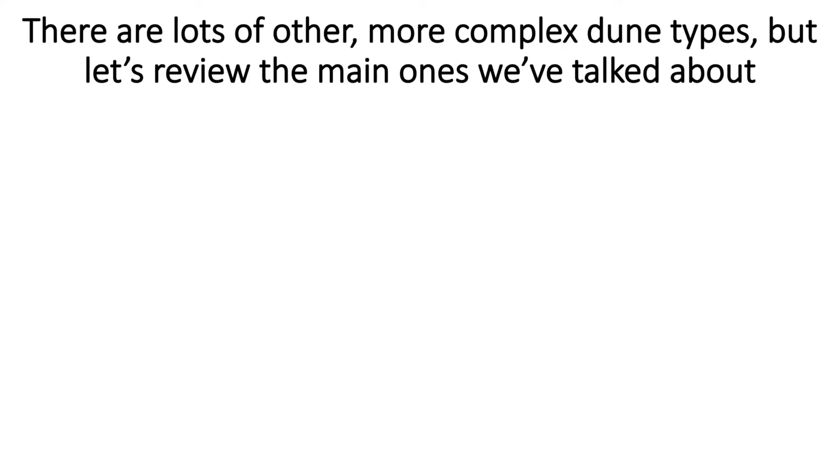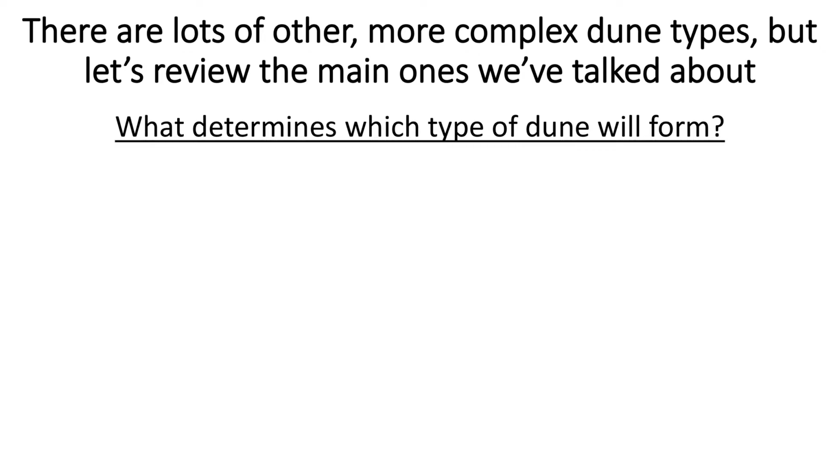So there are lots of other more complex dune types, but let's review the main ones we've talked about. So what determines which type of dune will form? Well, if we have wind coming from one direction, what kind of dune type do you think will form?